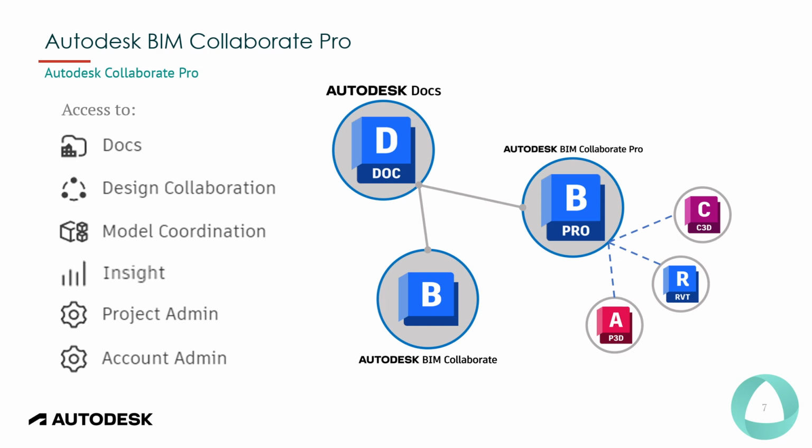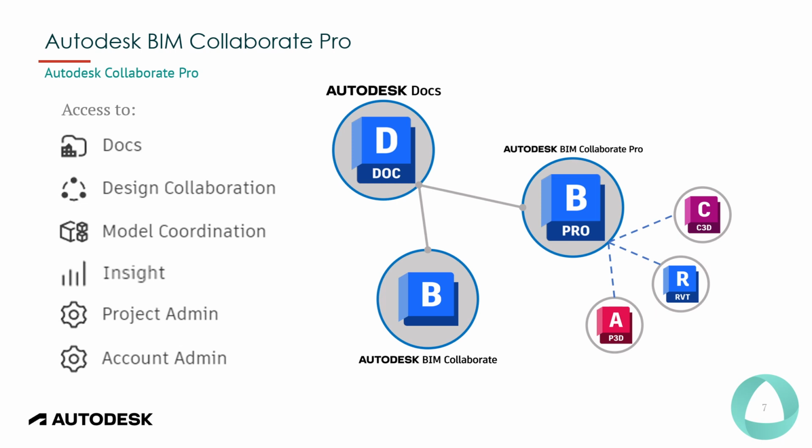With BIM Collaborate Pro, the only difference between the two is that you have 3 additional features. You'll see there we have Revit Cloud Work Sharing, which helps you collaborate on Revit models in the cloud. You also have Autodesk collaboration for Civil 3D, which allows project teams to collaborate on Civil 3D data, shortcut projects in Autodesk Docs.